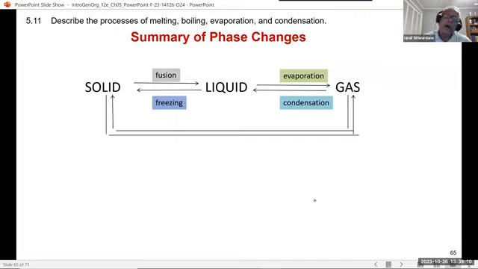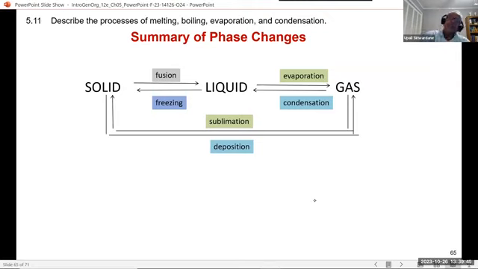The bottom change in the equilibrium is exothermic, and the top term in the equilibrium as shown is endothermic. Absorb is endo, exo means release. The solid to gas equilibria are sublimation and deposition. Solid going to a gas is called sublimation. Gas going to a solid is called deposition.